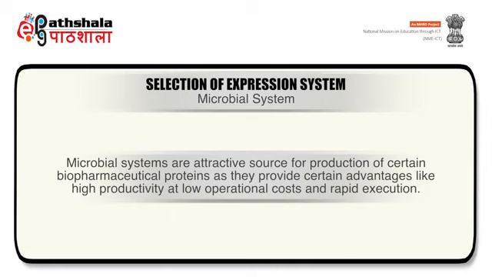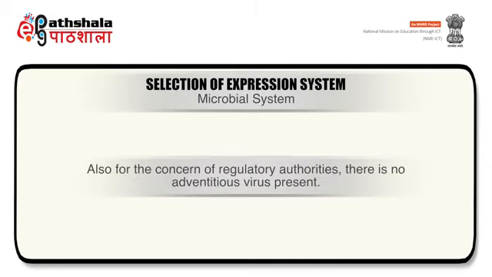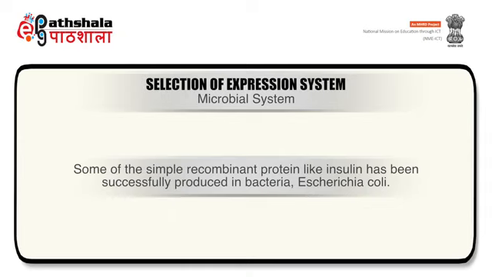Microbial systems are an attractive source for production of certain biopharmaceutical proteins as they provide certain advantages like high productivity at low operational costs and rapid execution. Also, for the concern of regulatory authorities, there is no adventitious virus present. Some of the simple recombinant proteins like insulin have been successfully produced in bacteria E. coli.